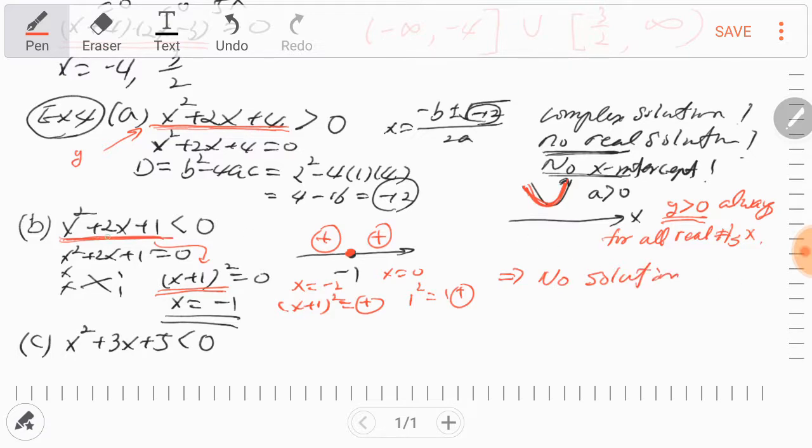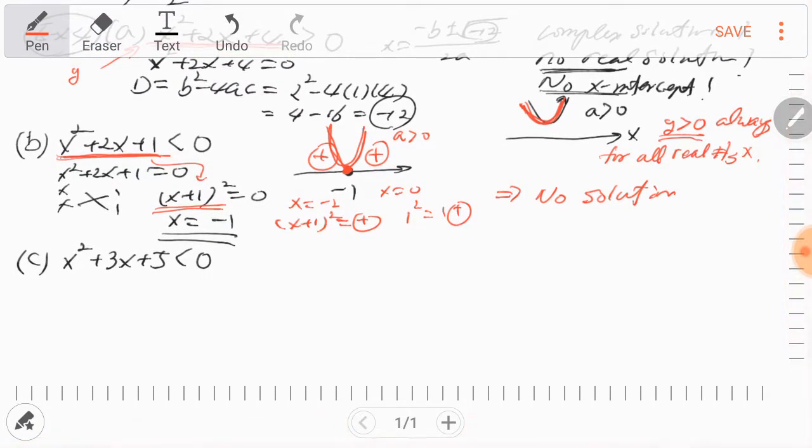And actually this is the graph, because the leading coefficient is greater than 0, and when x is negative 1, y equals 0, and it's concave up. There's no y value that goes negative, so we cannot find any x values. So no solution.